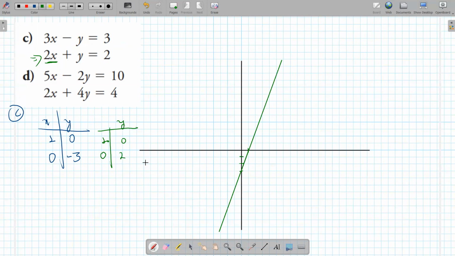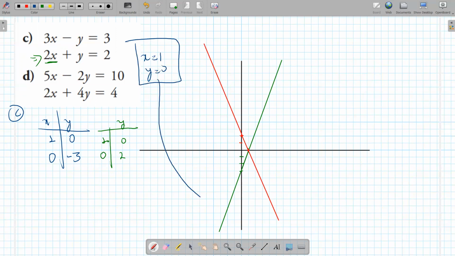So the other equation is 1, 0, which is right there. And then the other one is 0, 2, which is up here, like that. And then you connect them. And that's going to be our POI. So the answer to this system is that point right there, which is 1, 0. So that's the answer. X is going to be 1 and y is going to be 0.